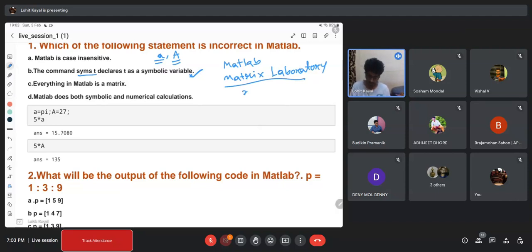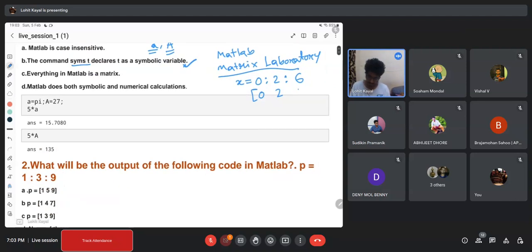Suppose you have probably done something in the last course like 0:2:6. It will give you a row vector: 0, then 2, then 4, then 6. This is a row vector, which is a 1 cross 4 matrix. So everything in MATLAB works like a matrix.